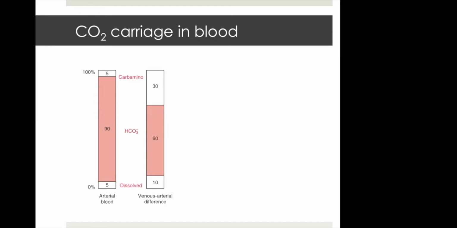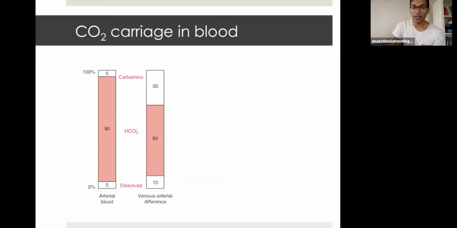From the CO2 point of view, it shows that your largest amount of CO2 is actually present in blood as bicarbonate, due to the reaction, which I don't have a touch screen, but I would draw on here. It's due to carbonic anhydrase in the red cells, and then a smaller proportion of CO2 is actually dissolved. Yeah, that's good. So that's good, Simon.